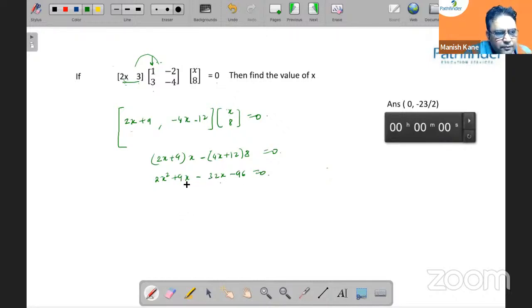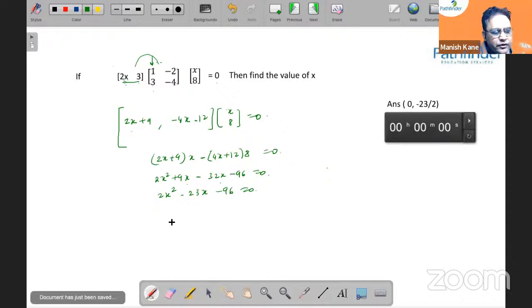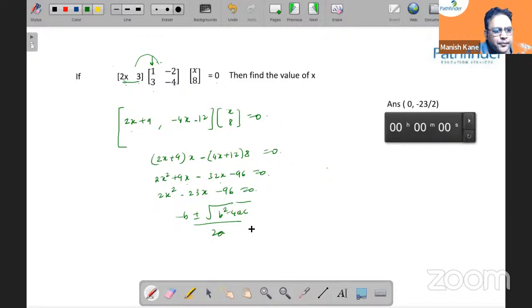So minus 32x plus 9x, so 2x square minus 23x, and you have minus 96 is equal to 0. And now you can solve this quadratic equation by minus b plus minus under root of b square minus 4ac upon 2a, right? By putting x is equal to 0, I think these answers are incorrect for the given question.